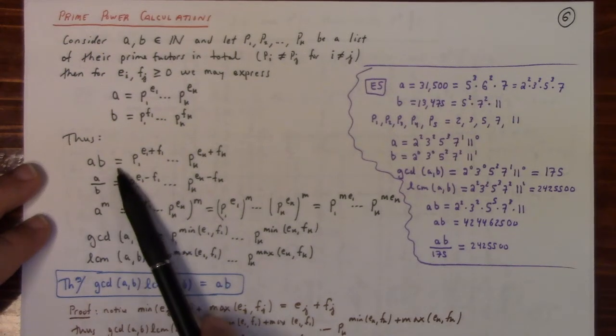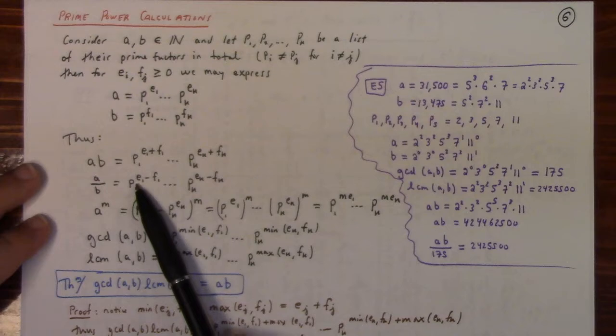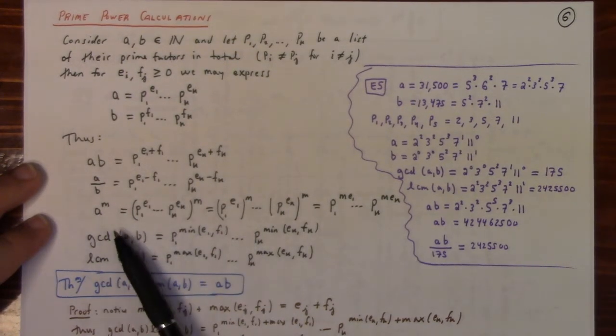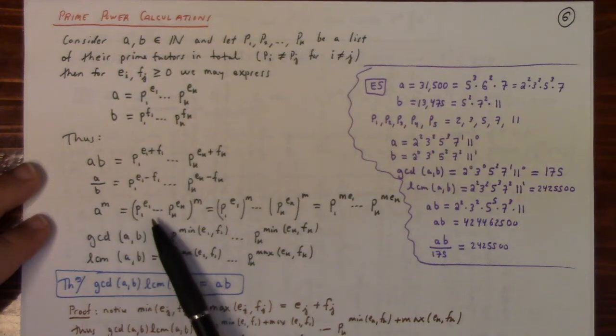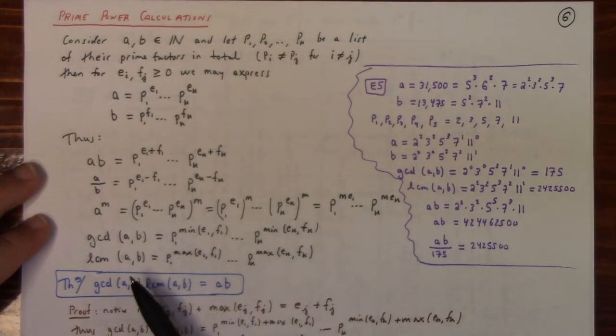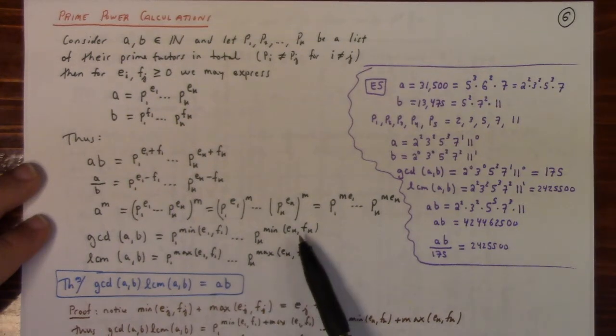But anyway, when you multiply the numbers, you just add the exponents of each prime factor. When you divide the numbers, you subtract the exponents of each of the prime factors. If you take the nth power of a number, you just take the nth power of each prime factor. And for the GCD, you just take the minimum of the exponents of each prime factor which appears.